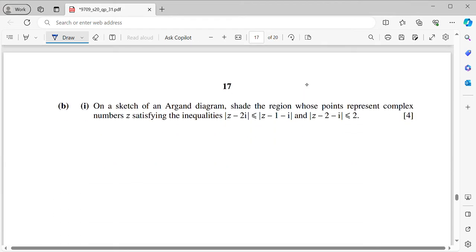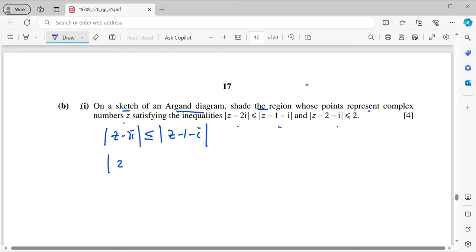Now part B. First part. On a sketch of an Argand diagram, shade the region whose points represent complex number z, satisfying the inequalities. For the first one, modulus z minus 2i less than or equal to modulus z minus 1 minus i.